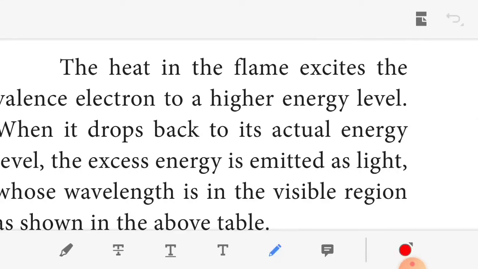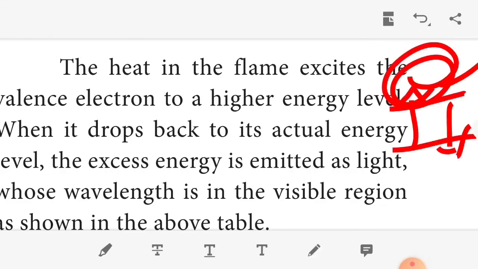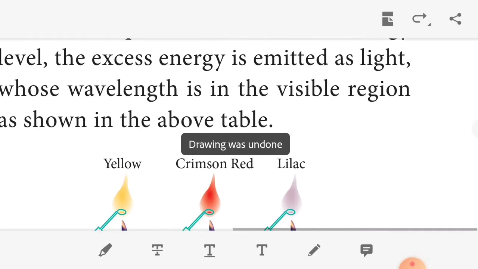When they drop back to the actual energy level, the remaining energy is emitted as light. The wavelength is in the visible region shown in the above table.